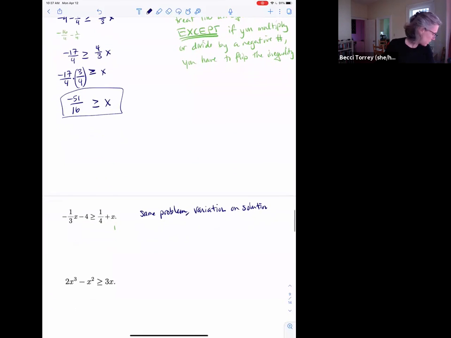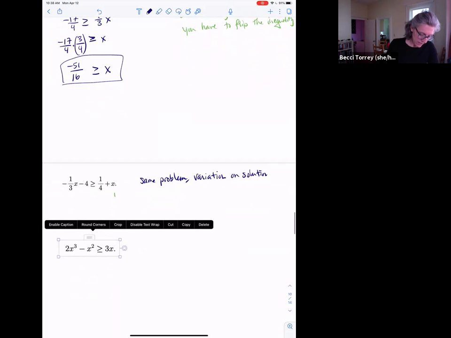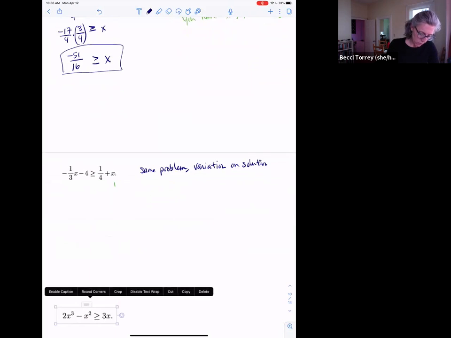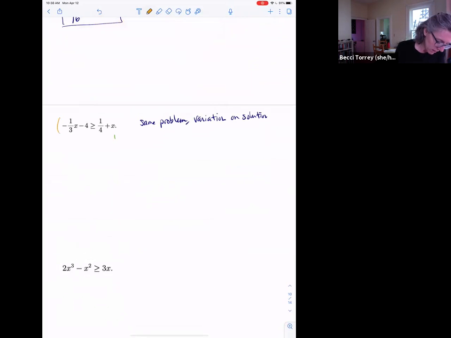So if you're like me, you say, oh, hey, fractions, that's terrible. Let's get rid of our fractions. I have a denominator of 3 and a denominator of 4. So if I multiply both sides by 12, I'm going to get rid of my denominators. Since 12 is positive, I don't have to worry about flipping the inequality.